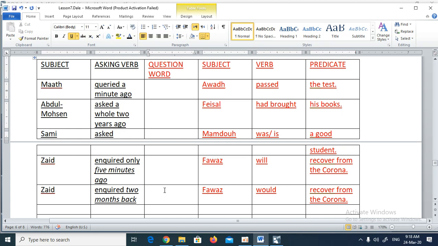So, Marv queried a minute ago how Abbas passed the test. Abdul Hassan asked a whole 2 years ago when Faisal had brought his books.